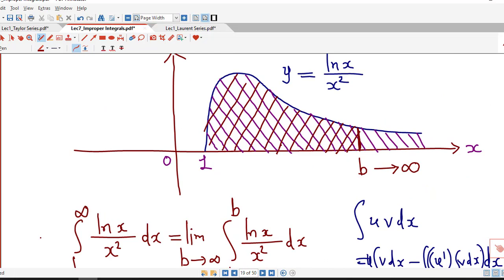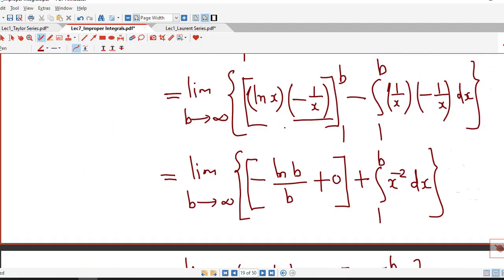That means the area under this curve log x upon x square from 1 to infinity is finite.